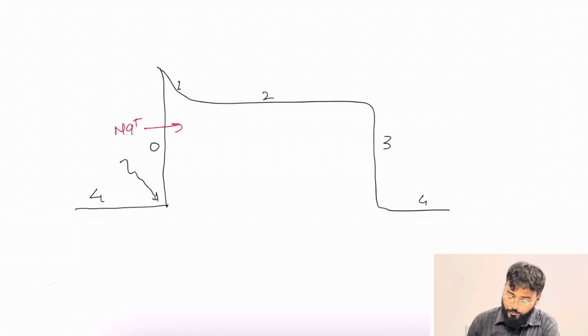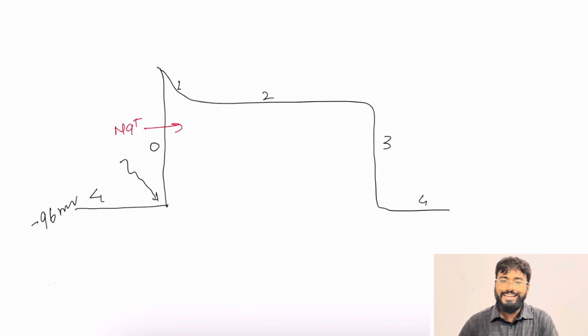Now we are also already familiar that the resting membrane potential, or transmembrane potential, of a cardiomyocyte in the resting stage or diastole is minus 96 millivolts. So why only 96 millivolts? Why not less or more?